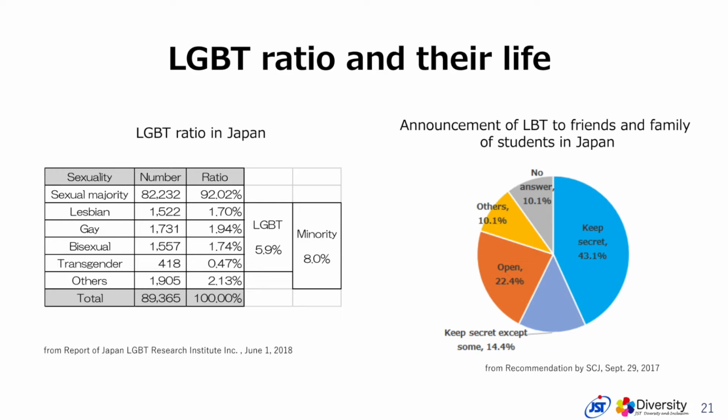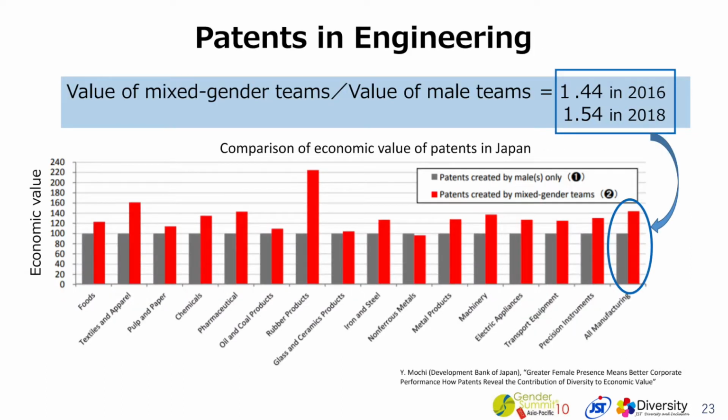So this is a very impressive data. This shows the economic value of the patent in engineering in Japan. The Japanese government bank compared the economic value of the patents written only by male teams and mixed gender teams.